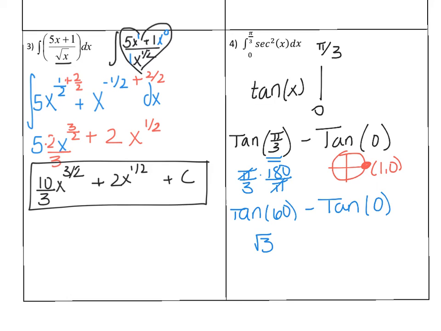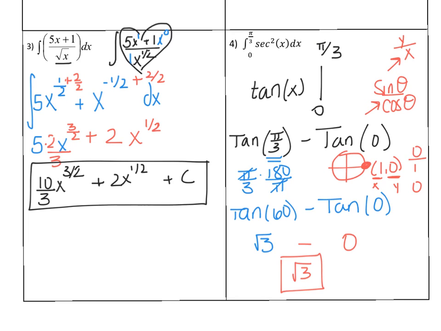So you need to know that tangent is sine of theta over cosine of theta. And you need to know that sine is the y value and cos is the x value. So the y value is 0, right? That's the y value. The x value is 1. So when you do 0 divided by 1, you actually get 0. So tangent of 0 is 0. And then when you subtract these two things, the answer is radical 3.